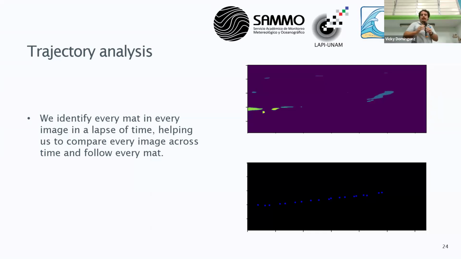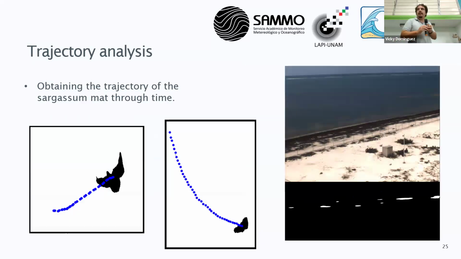What we get is something like this. You can get the trajectory of particular sargassum mats, and you can also make animations where you can see that we identify every one of the mats moving around the image.